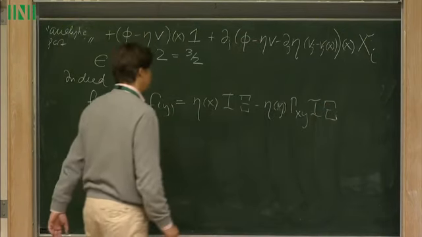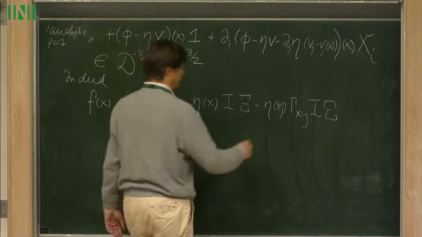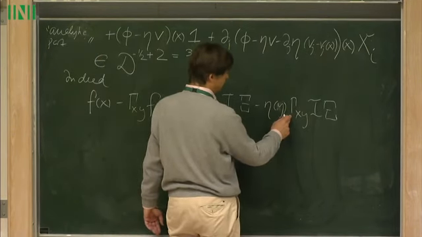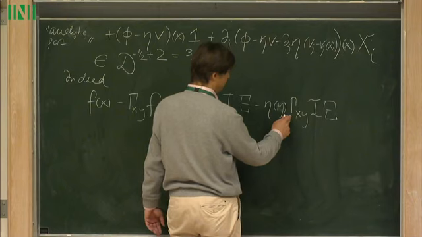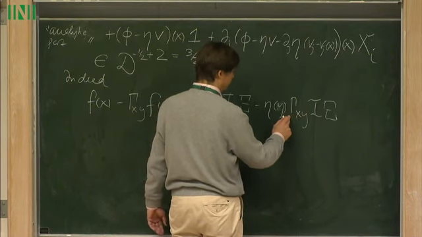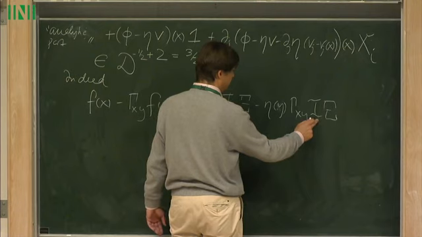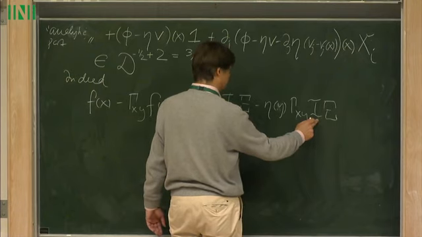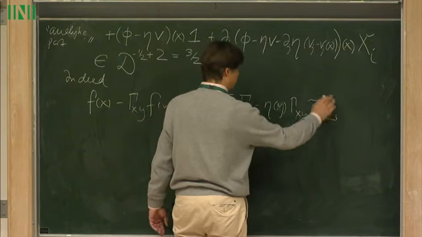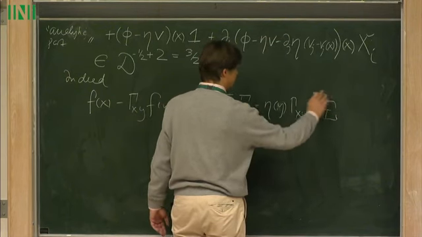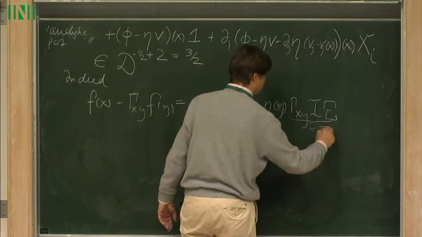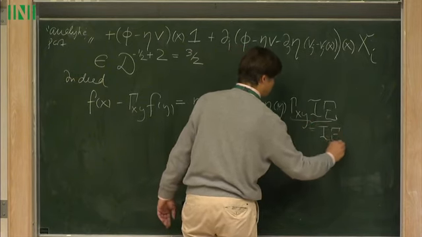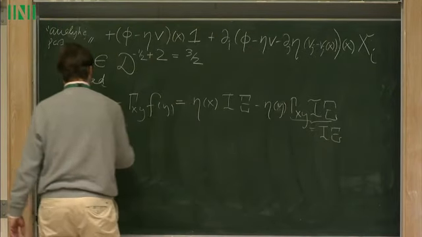That's from the first term. And now I use what we've seen last time, that the change of variables on this object, because this still corresponds to a distribution, is trivial. So we get this for the first term.